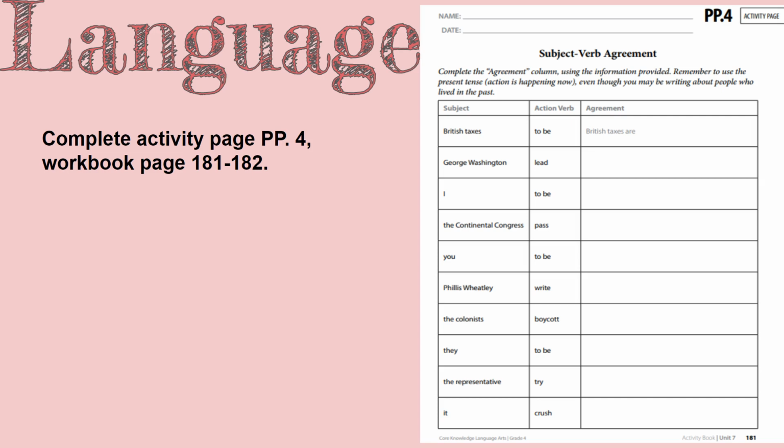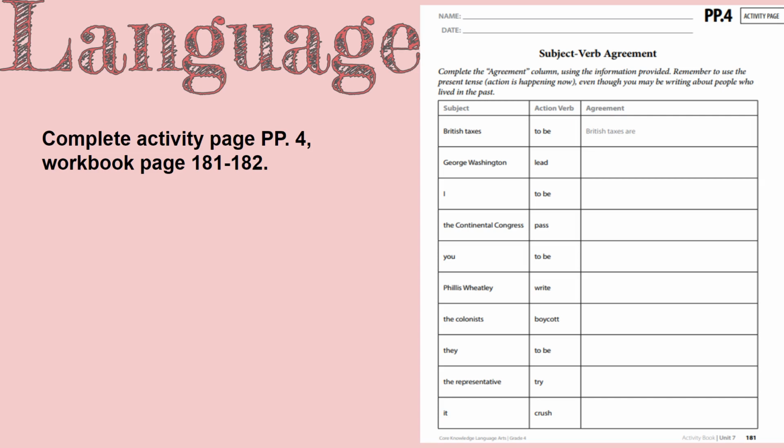So our first example, the subject is British taxes. The action verb is to be. And then my agreement would be British taxes are. So British taxes are paying for the debt from the war. That would be present tense.